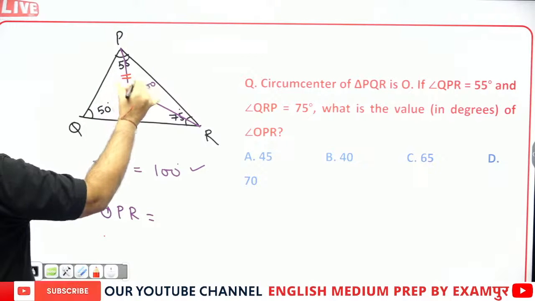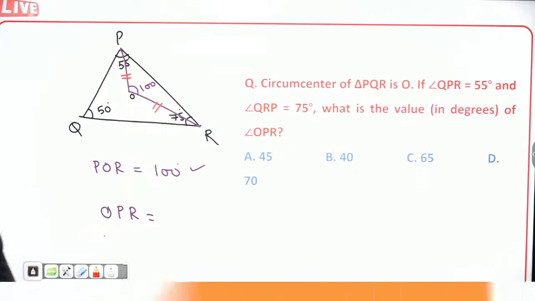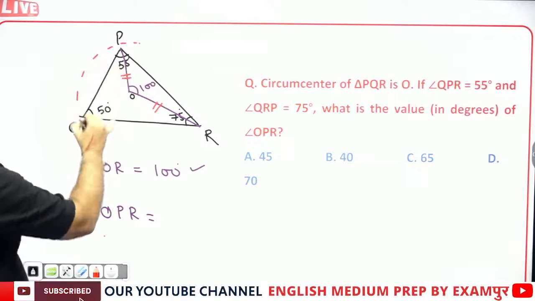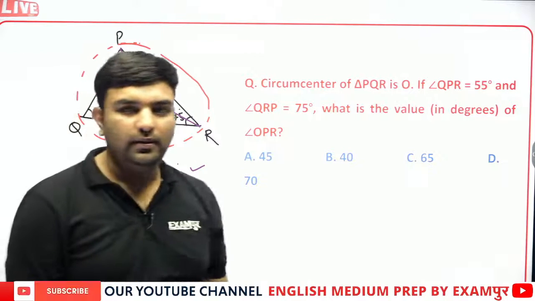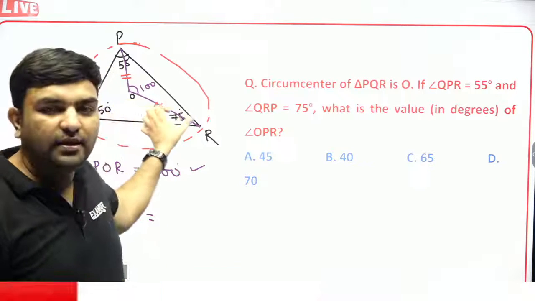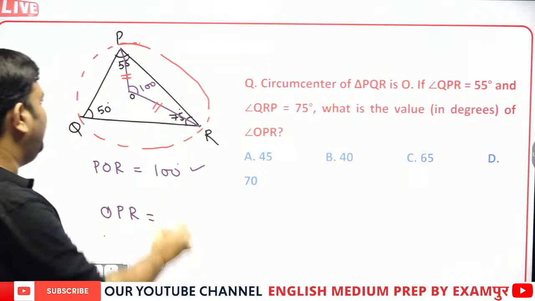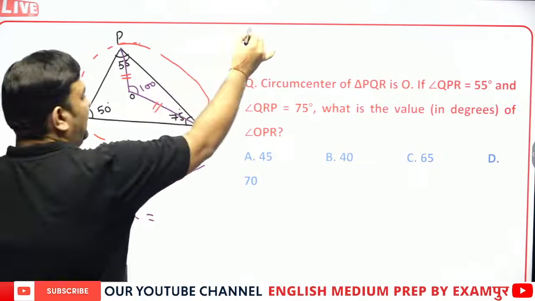This is the circumradius. If it is a circumcenter, you can draw a circumcircle outside it as well. So both radii are equal to each other.